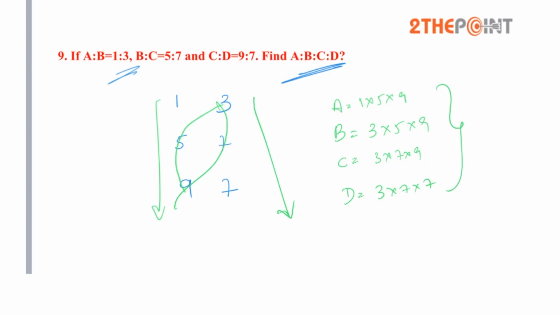If we find this out, we get the ratio of A is to B is to C is to D, which is equal to 15 is to 45 is to 63 is to 49.